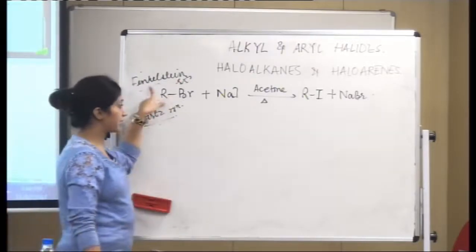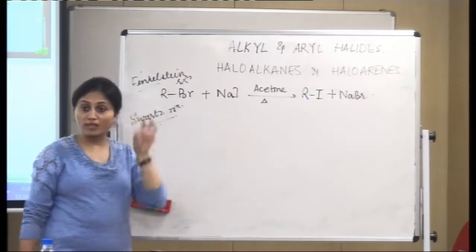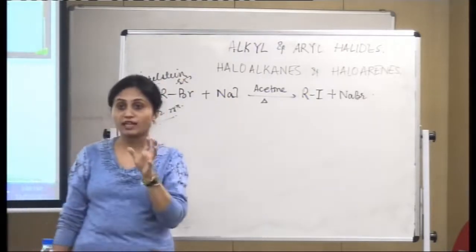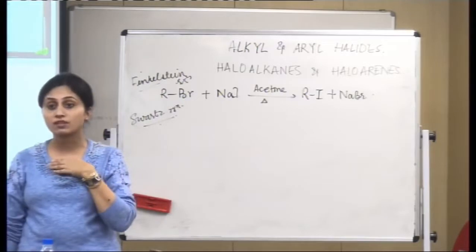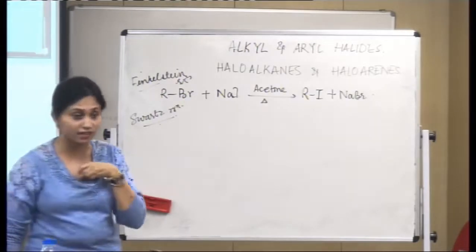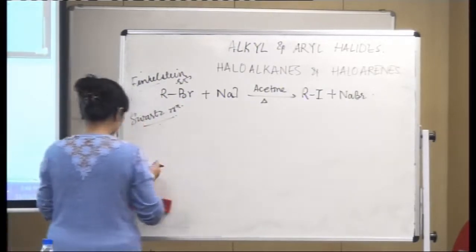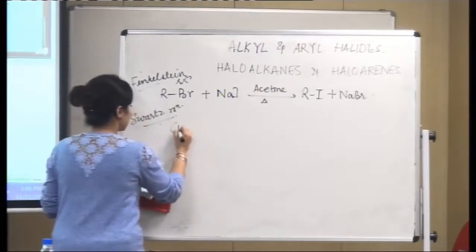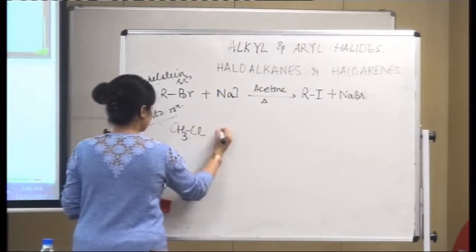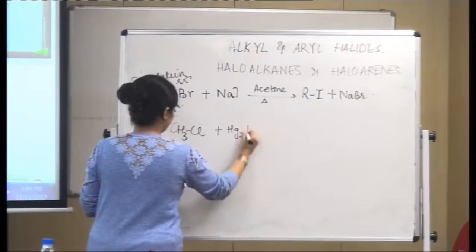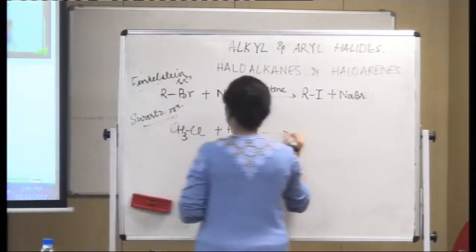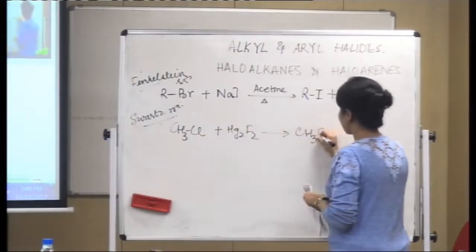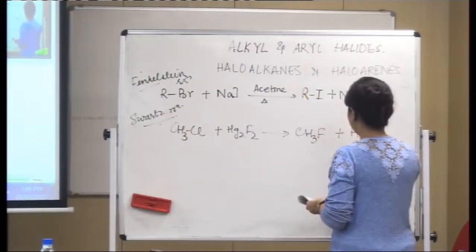So for Finkelstein reaction, NaI. The moment you read NaI, sodium iodide, what is it going to be? Finkelstein reaction. For the Swarts reaction, what you have is the chloride in the presence of Hg2F2 to form CH3F plus HgCl2.